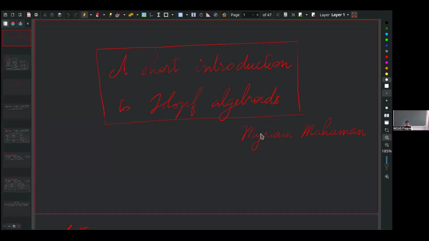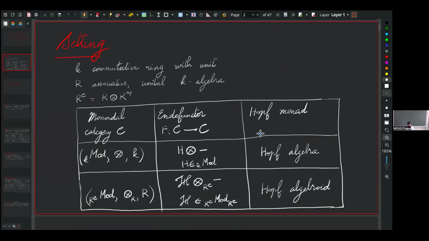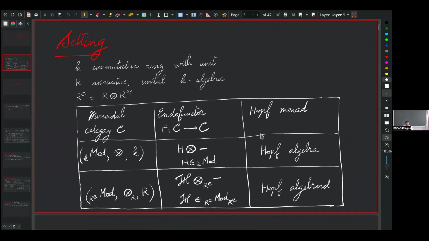Okay. So today I will talk about Hopf algebroids, and they are usually introduced as a generalization of Hopf algebras, where we work over a non-commutative base ring.